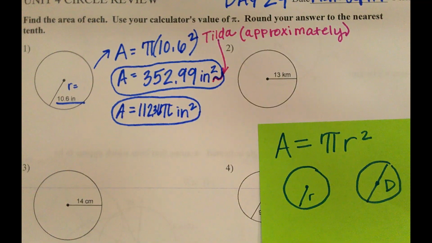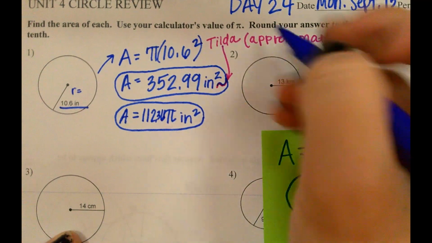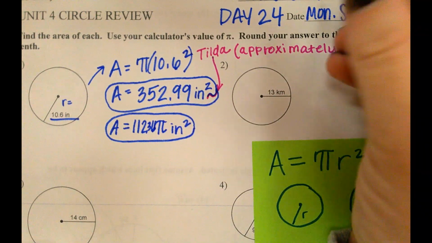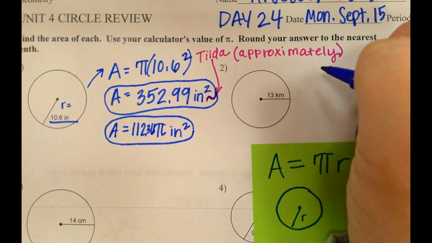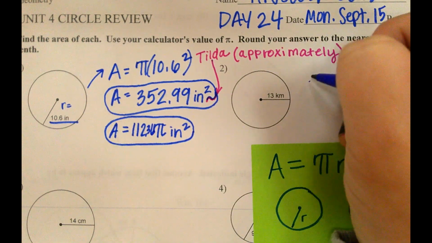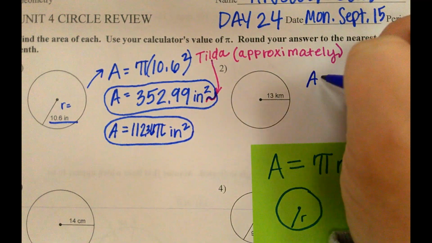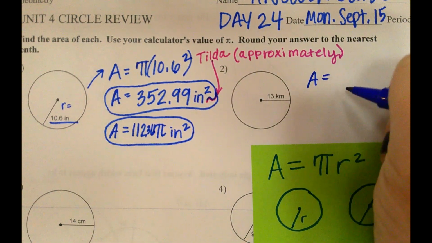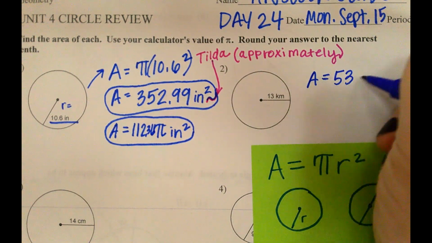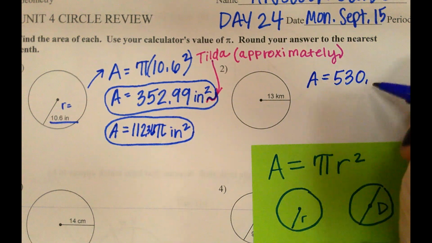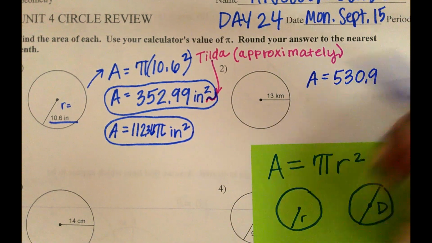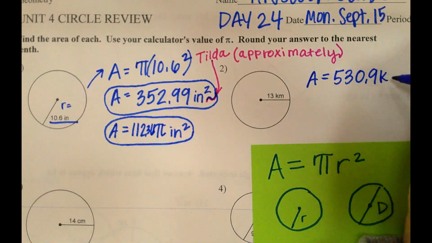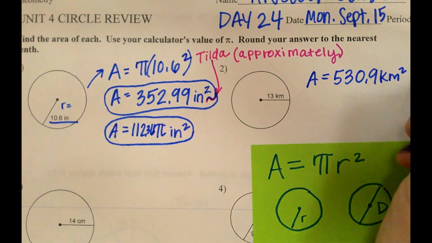Number 2, if you did number 2, would be 530.9 kilometers squared. I'm only going to give the approximate ones here because that's what my answer key gives me. Approximate.